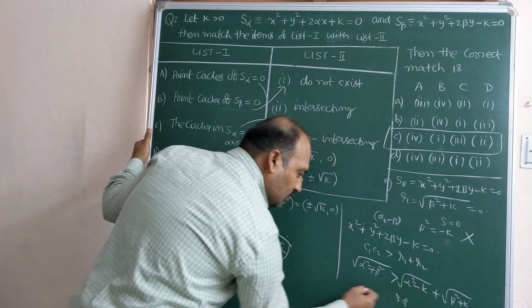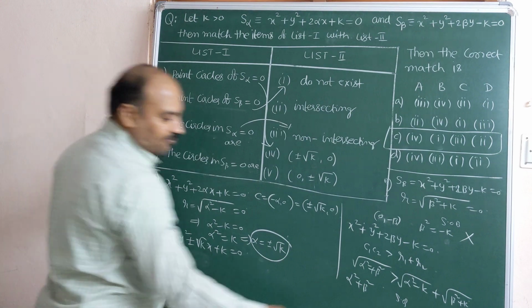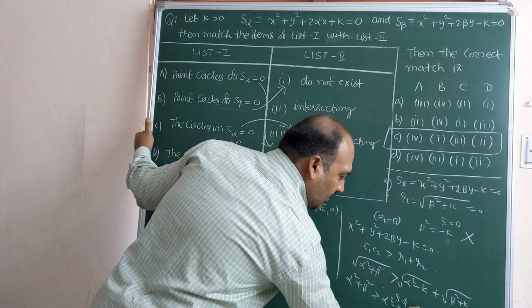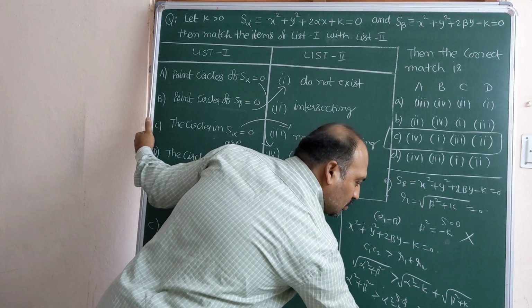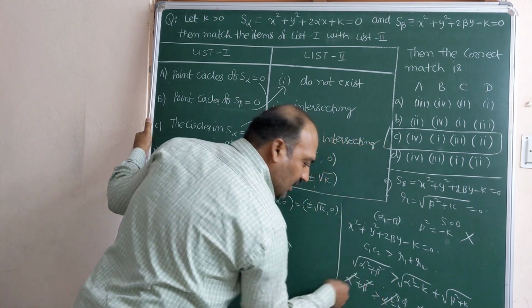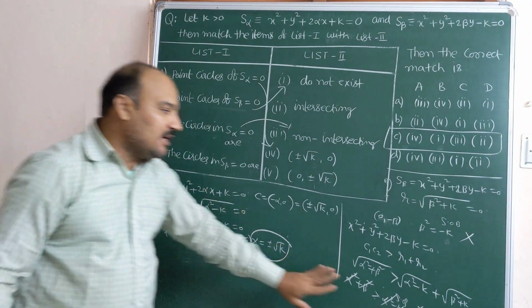Squaring on both sides, alpha square plus beta square is greater than alpha square minus k plus beta square plus k plus 2 root of alpha square beta square. All values are equal, and plus k minus k also cancel. We are not getting any result.